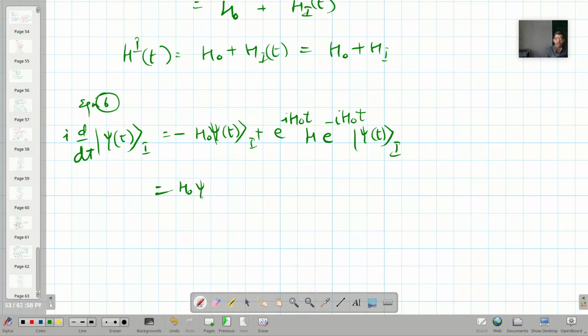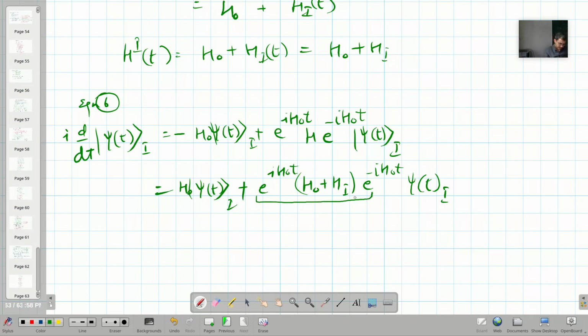So it is minus h naught psi t I plus e raised to power iota h naught t, h naught plus h I, into e raised to power minus iota h naught t, psi t I. So this whole part simplifies according to this equation.